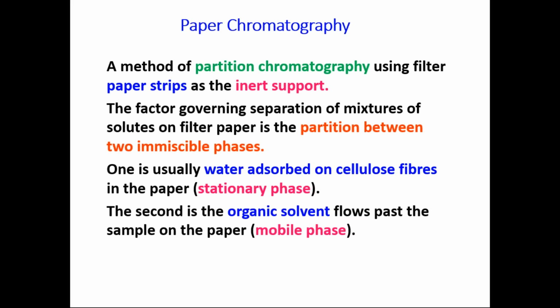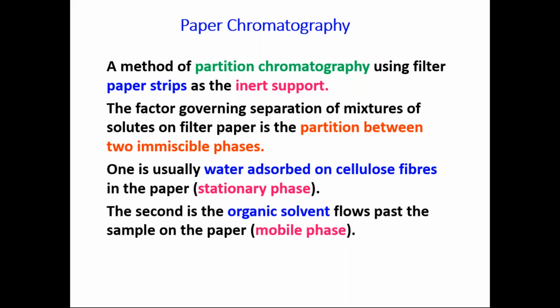The factor governing separation over here is it is assumed that in the filter paper, between the cellulose molecules that are there, there is some endogenous water, and so therefore the partitioning will occur between two immiscible phases. One is the water adsorbed on the cellulose fiber in the paper, which is the stationary phase, and the second is the organic solvent, which is going to be the mobile phase.